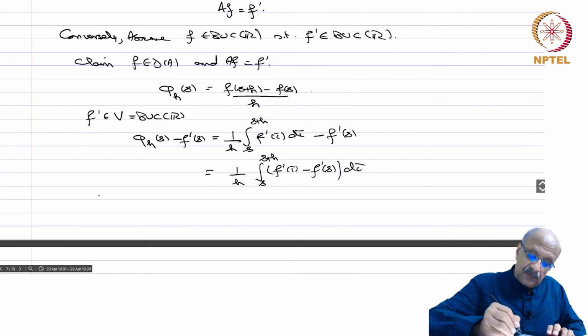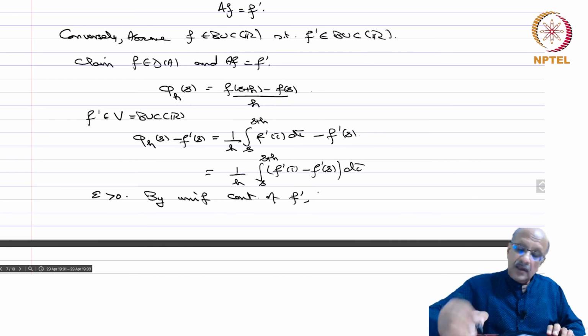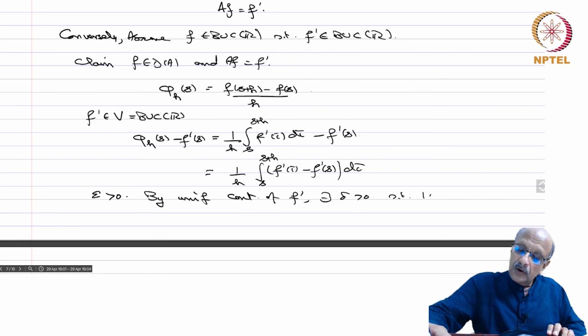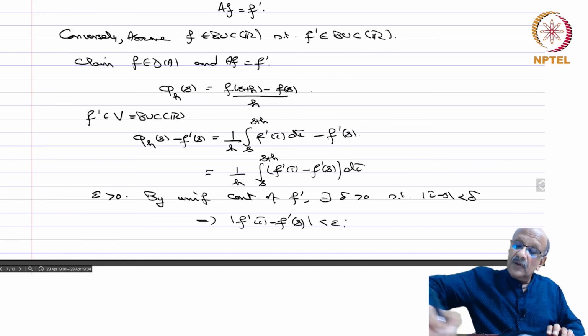Now, if you have epsilon greater than 0, by uniform continuity of f dash, there exists a delta positive such that mod tau minus s less than delta implies mod f dash tau minus f dash s is less than epsilon.